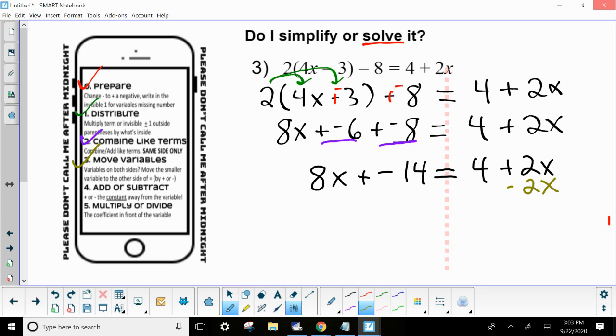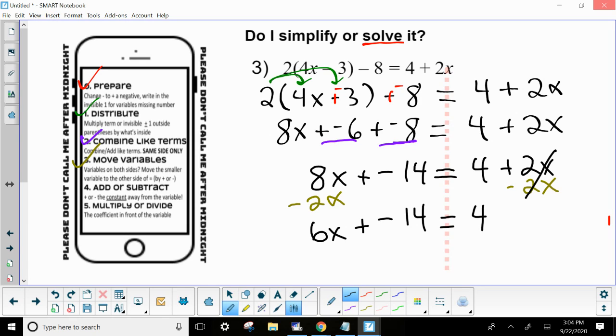I'm more comfortable working with those, but to each their own. So 8x minus 2x is going to leave you with 6x, and that will cancel out on the other side, and you will be left with plus minus 14 equals 4, just bringing down the numbers we didn't do anything to.